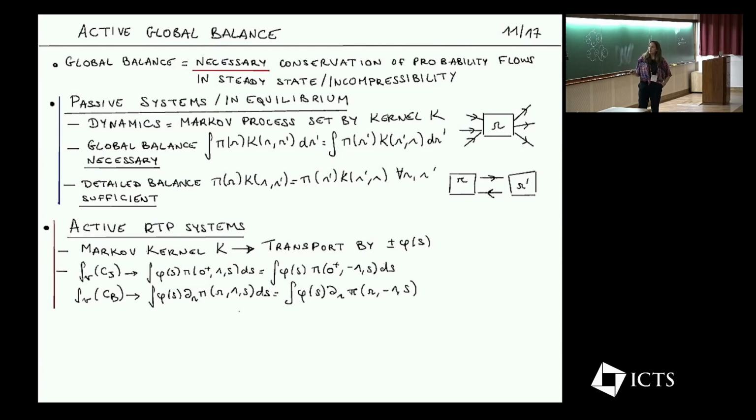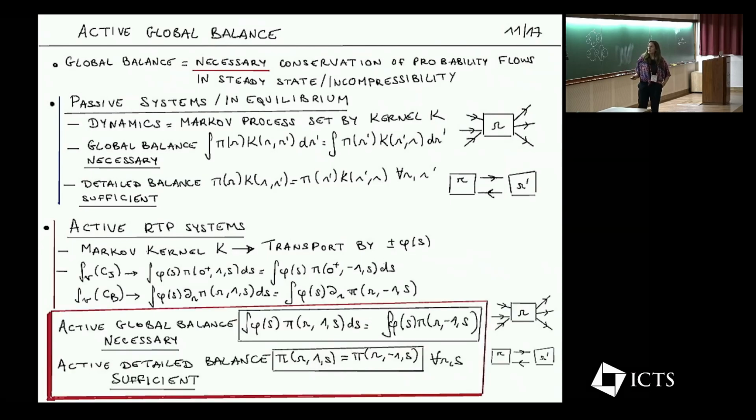And what you get is that when you do this integration, you get this relationship. And when you put them together, you find some kind of active global balance that is telling you that all the ballistic flows into a configuration are equilibrated by other ballistic flows out. And then this is some kind of global condition, and you can define some kind of detailed, stronger condition on that.